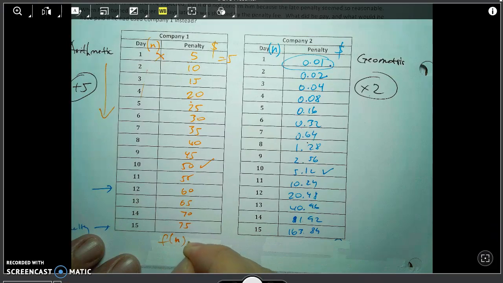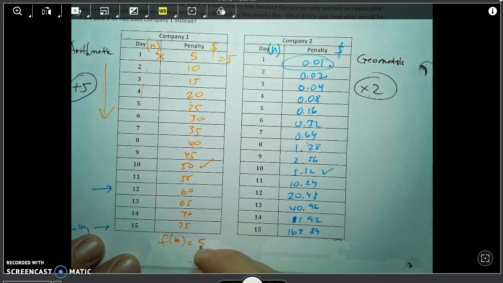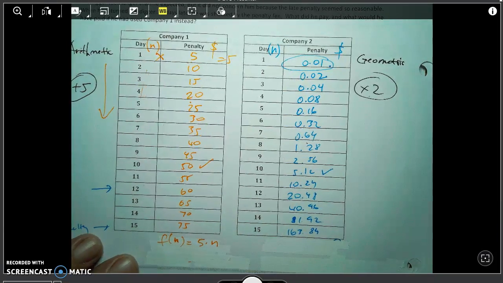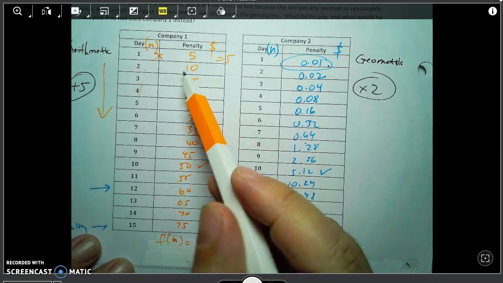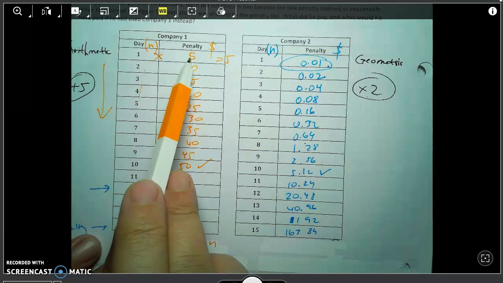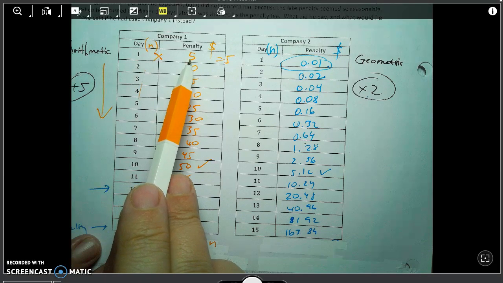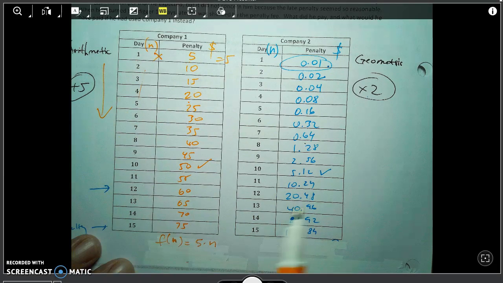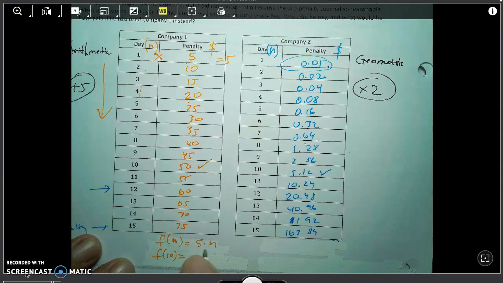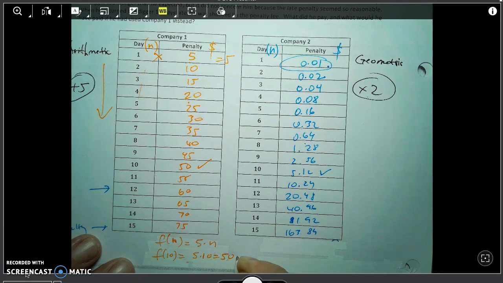So f of n will be 5 times n, because I can multiply 5, which is our initial penalty, by the number of days and find it for each day. So let's say you want to find f of 10. F of 10 will be 5 times 10, which is 50, and 50 checks.